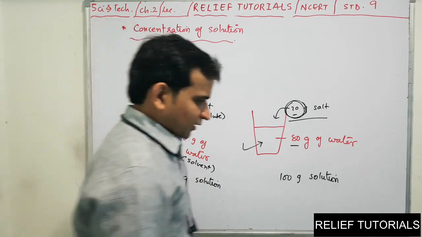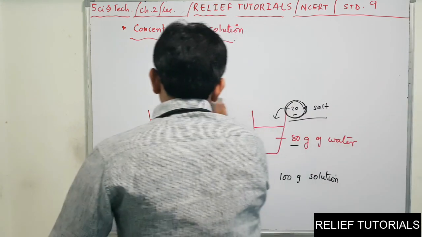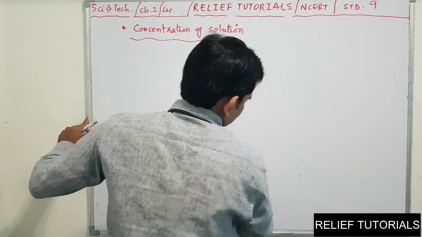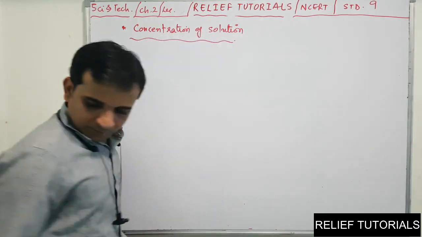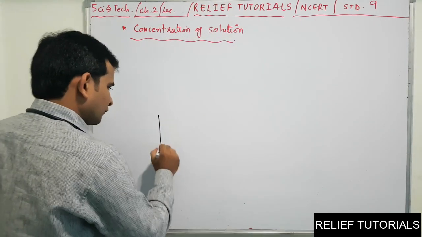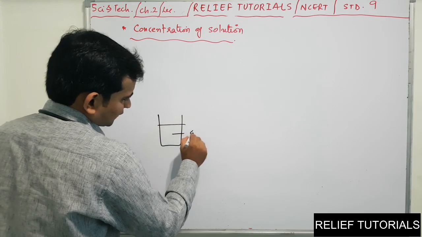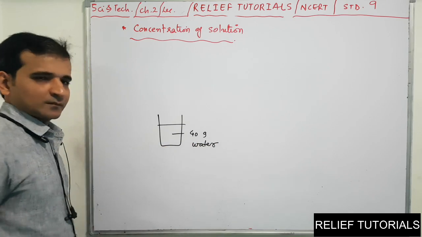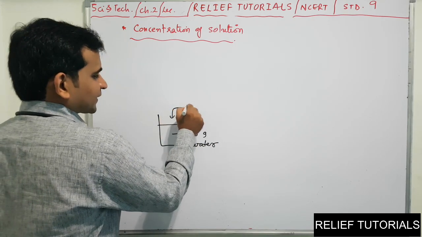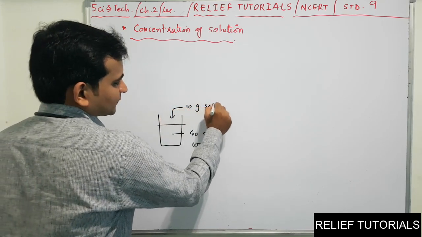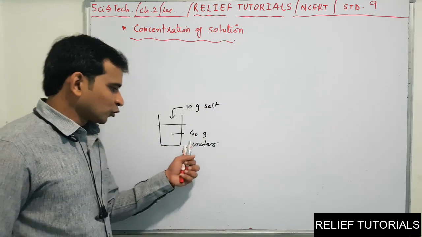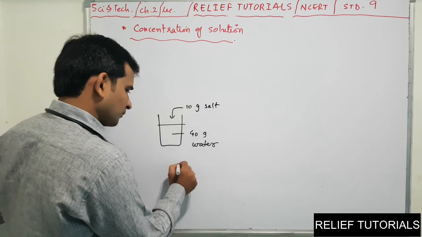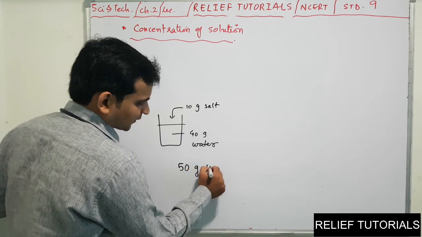Okay, let us take one more example. I have 40 gram of water, and I am adding 10 gram of salt. So the solvent is 40 gram, the solute is 10 gram, so the total mass of the solution is 50 gram.